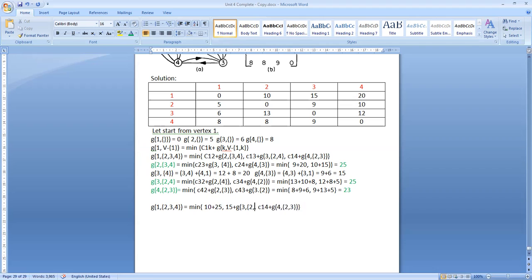So this is nothing but 25. C1,4, vertex 1 and 4, it is 20, 20 plus G(4,{2,3}). It is 23.